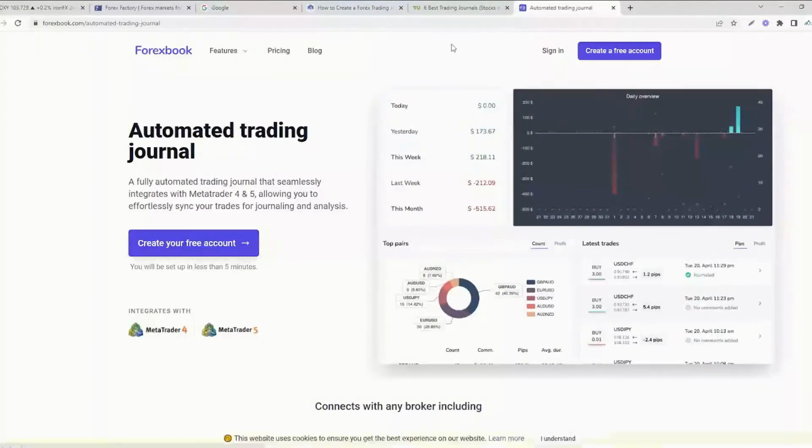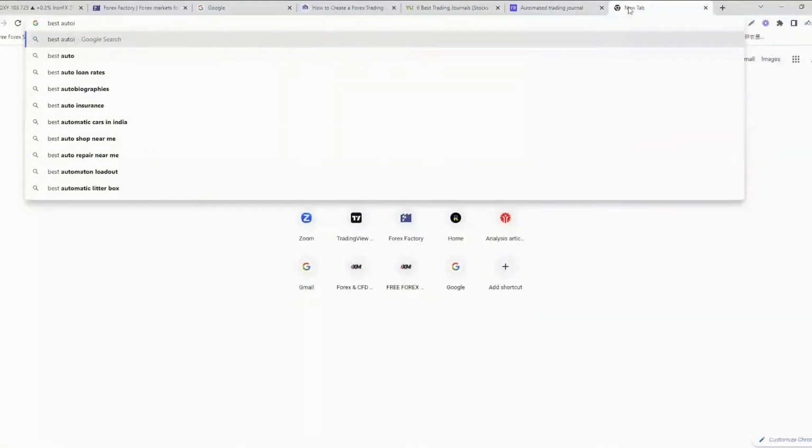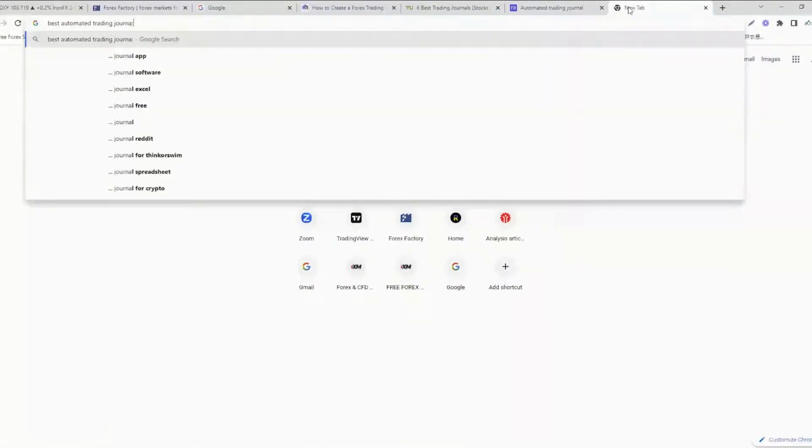Okay, so I'm on the website here. Again, I've just randomly Googled for automated trading journals, and this is one of the examples that came up. Again, I'm not promoting this company or any other automated trading journal. So let's just type in Google best automated trading journal and see what we come up with.